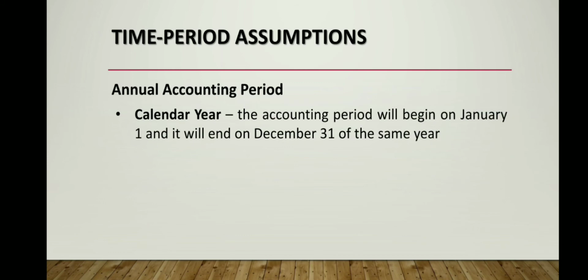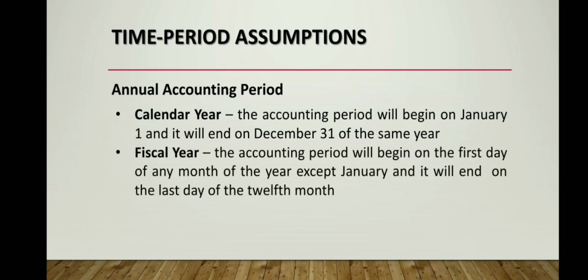And then another accounting period is the fiscal year. The accounting period here begins on the first day of any month of the year except January, and it will end on the last day of the 12th month. So for example, if the period begins on July 1, 2021, it will end on June 30, 2022, thus completing the 12 months.